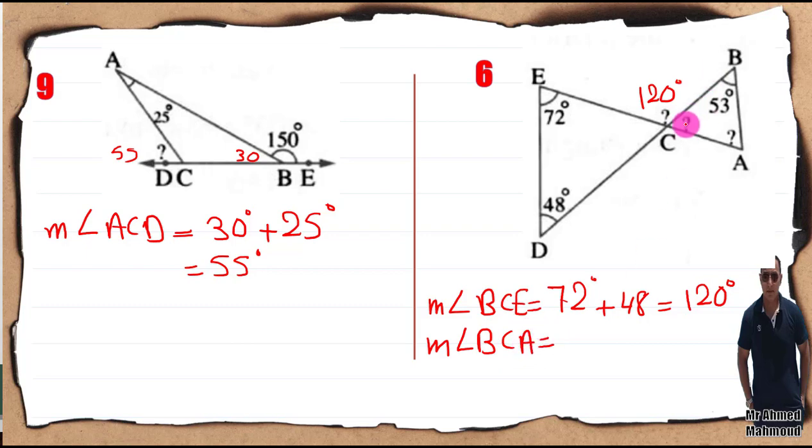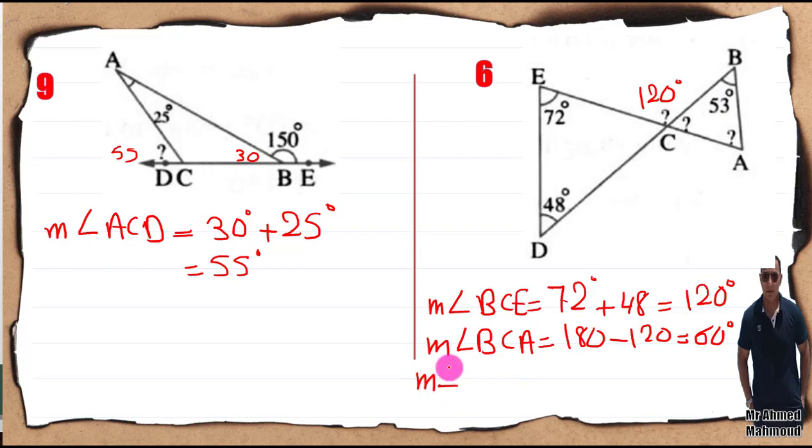which is this angle. This angle equals, because this is a straight angle, 180 minus 120 equals 60 degrees. And the third angle, I can subtract 120 minus 53 equals 67.